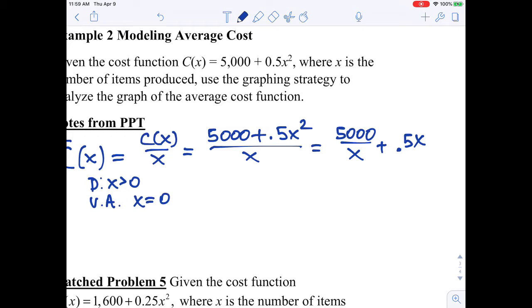But let's look at the other asymptote that we will have. When x approaches infinity, 5,000 over x is going to be really small.